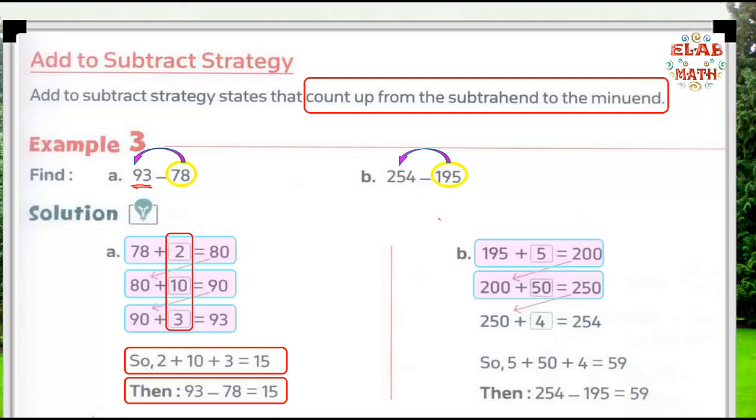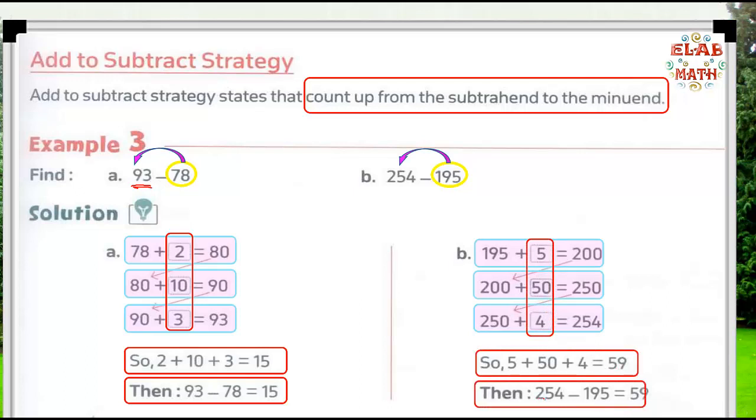We have 200 and we need 254, so add 50 to 200 to be 250. Next step, we need 4, so add 4 to 250. Now we get the minuend, the biggest number. Add all: 5 plus 50 plus 4 to get the answer, or the difference. So 254 minus 195 equals 59.